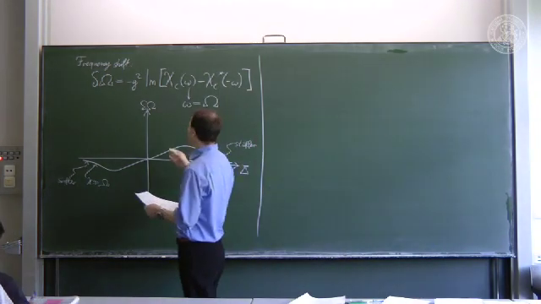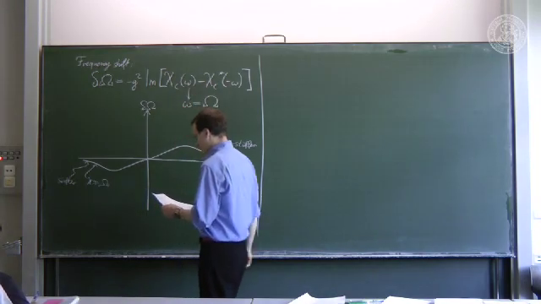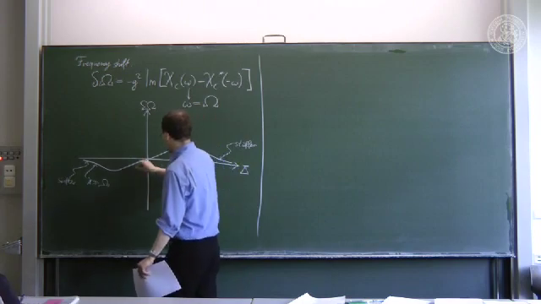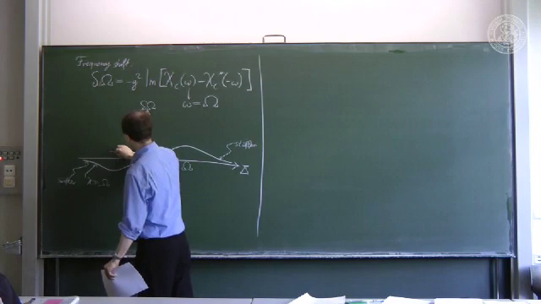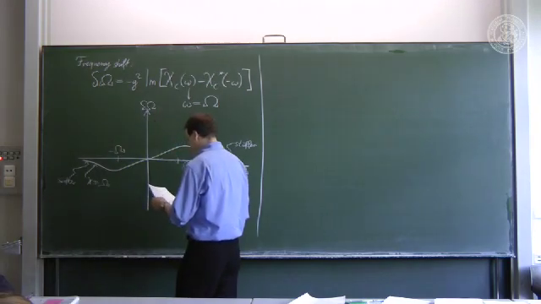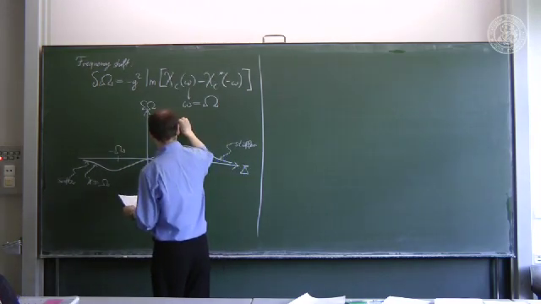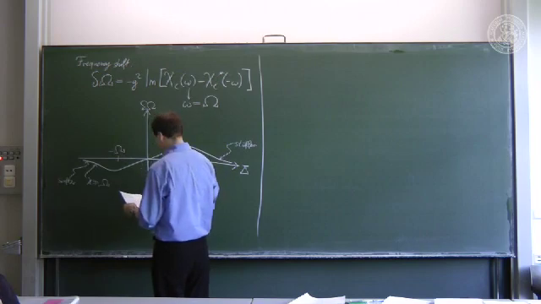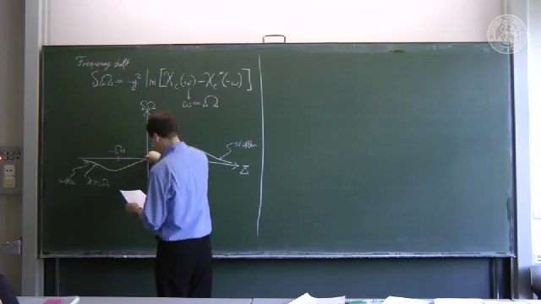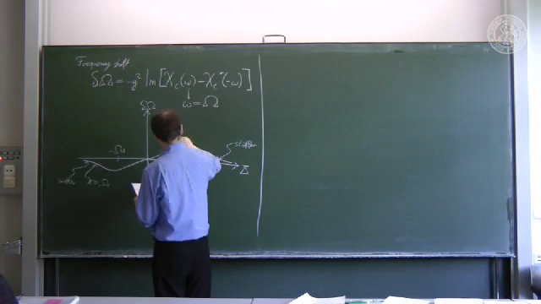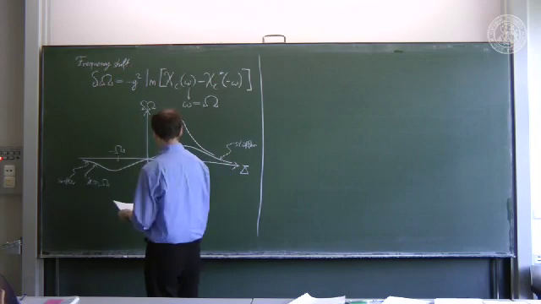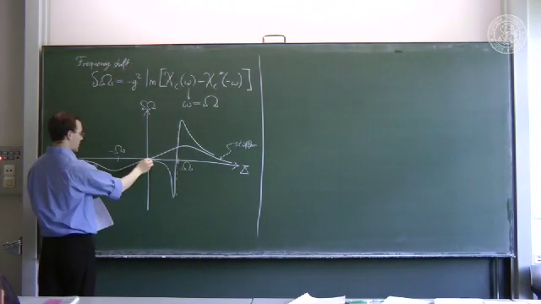So I will now draw the result of plotting this in the resolved sideband limit, which looks a little bit more complicated. In any case, the important features then sit at plus omega and minus omega. And what you see essentially are almost singularities. It looks somewhere like this. And here is just antisymmetric.